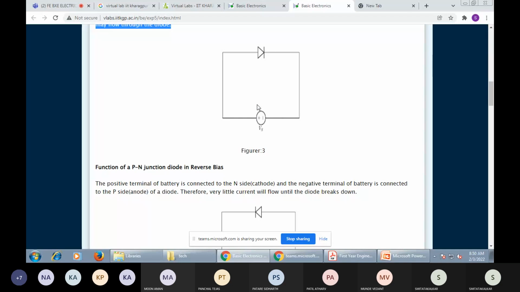As the DC power supply voltage increases, the forward voltage VF and the forward current IF increase, because the diode is a closed switch. If the diode is a closed switch, then current flows through the circuitry.